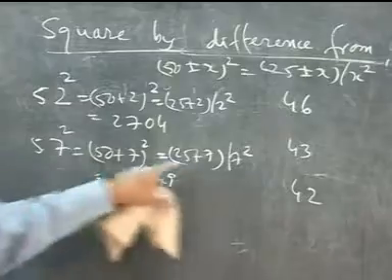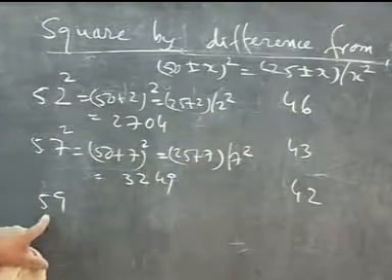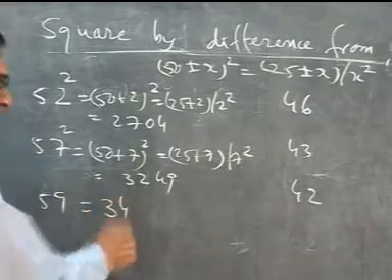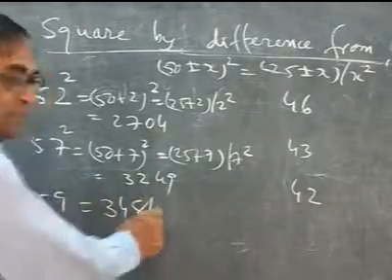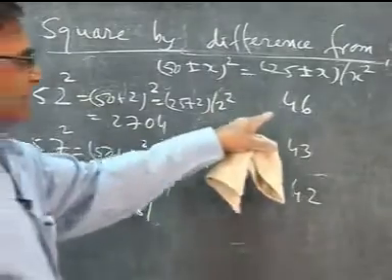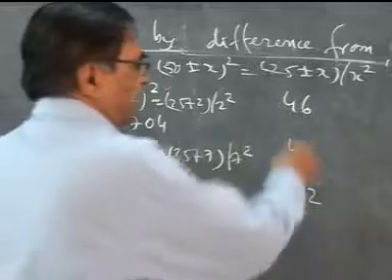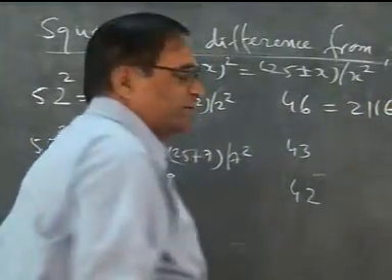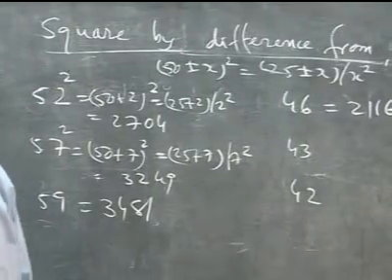You don't need to do all this now. This was only to understand. So this is 9 more. Add 9 to 25, 34. 9 square, 81. See, you can calculate directly. Come here. 46, 4 less. 25 minus 4, 21. 4 square is 16. 43, 7 less.